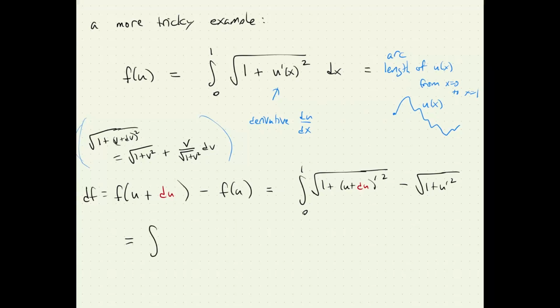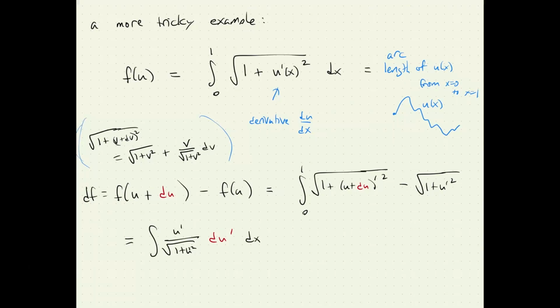This is the integral of that second term, which is u primed over the square root of 1 plus u primed squared, times du primed dx.